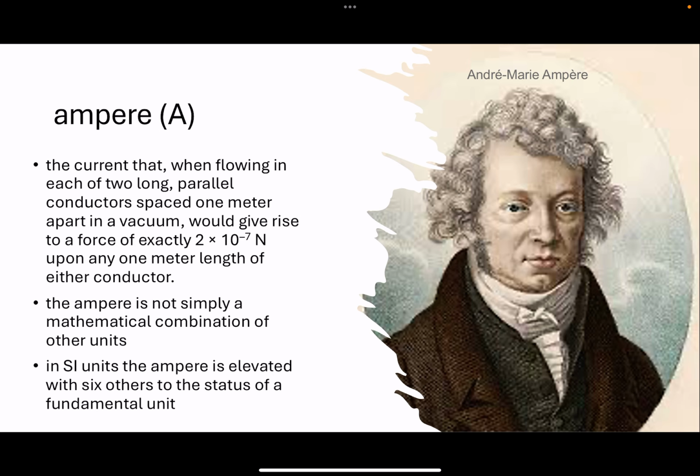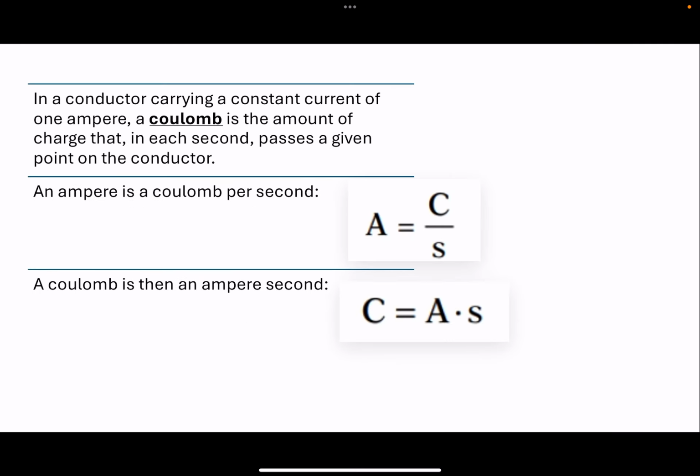Let's talk a little bit more about the ampere. In a conductor carrying a constant current of 1 ampere, we could say a coulomb is the amount of charge that in each second passes a point on the conductor. Yes? So if you take a look, an ampere is basically coulombs per second. If I rearrange this formula, we can see that coulombs is amperes times seconds.